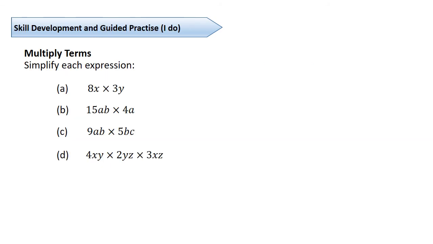So here's some practice questions, guys. If you'd like to have a go at these yourselves, I recommend pausing the video and coming back when you're done. We're just going to have a go at these. So I might do my working out along the page instead of down the page, just because I don't have as much room as you guys. So I might have numbers out the front, so 8 times 3 times x times y.